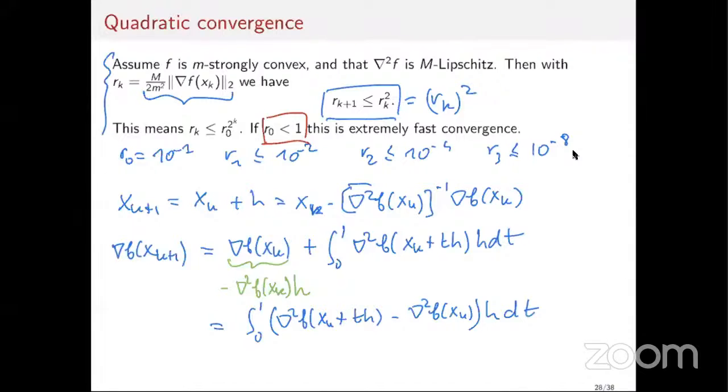I do not know all of them, so I cannot say exactly which ones, but the ones needed to analyze these path following methods typically do not require strong convexity, they just require strict convexity. They are based on something called self-concordance.